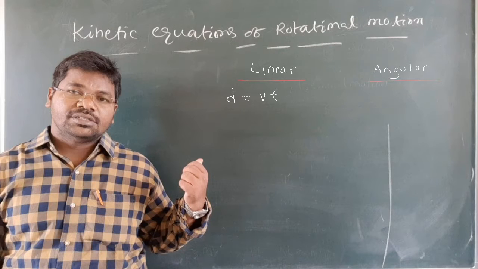In angular motion, theta is equal to omega t. v is velocity, d is distance.